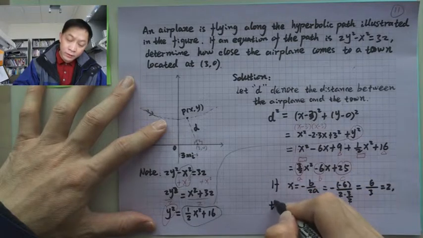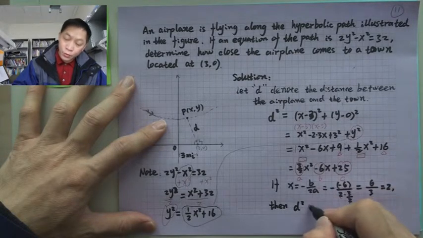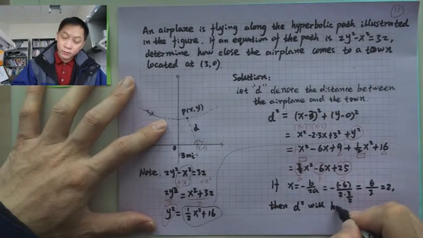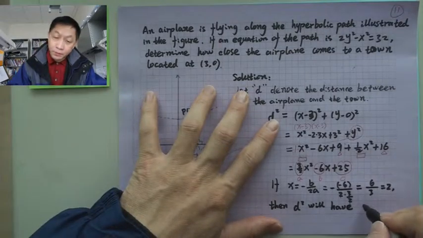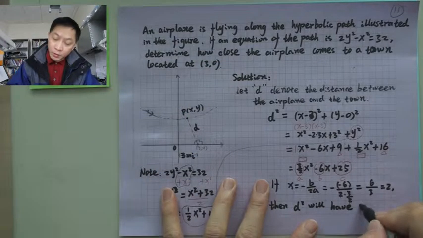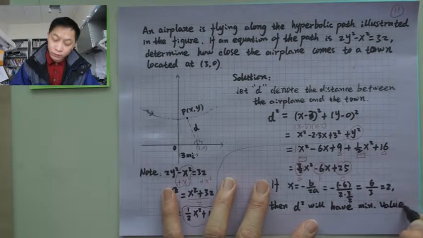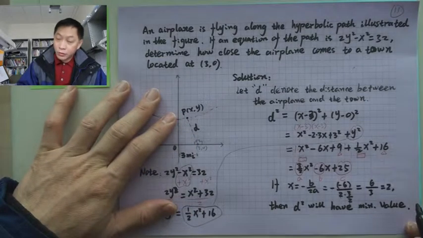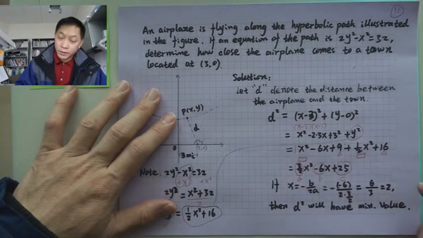Then d squared will have a minimum. Minimum means the closest distance. So now you plug in 2 over there.